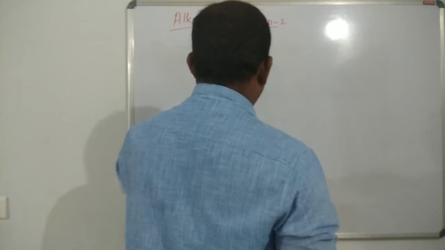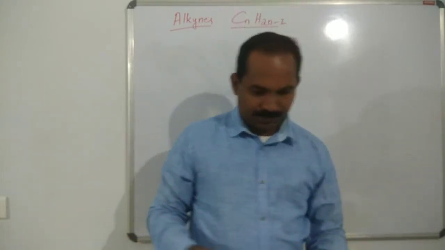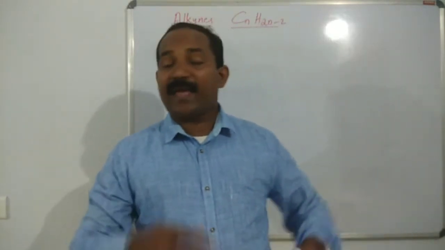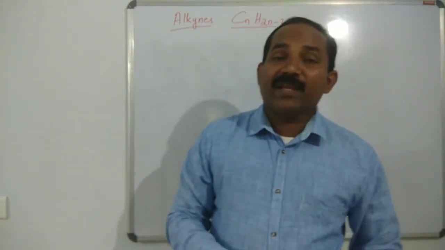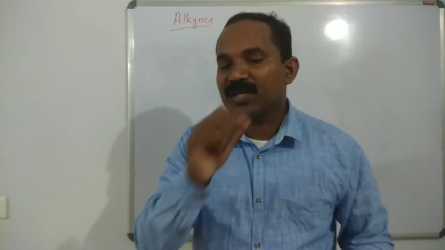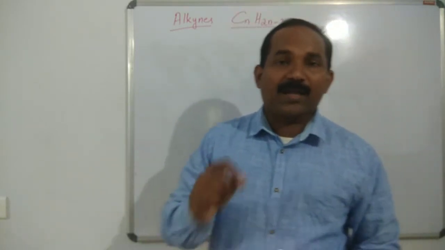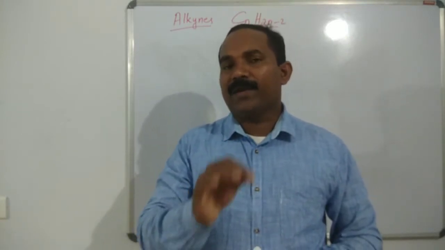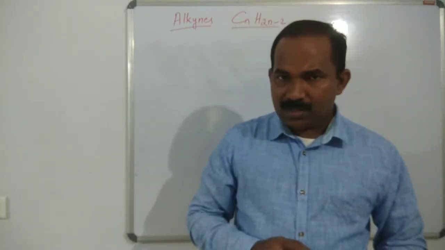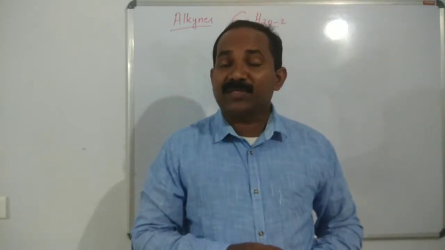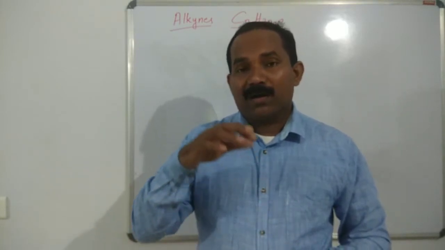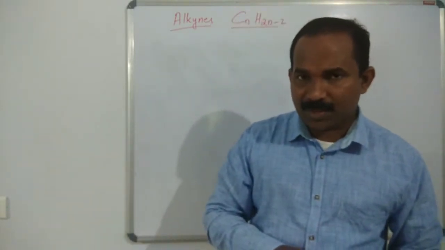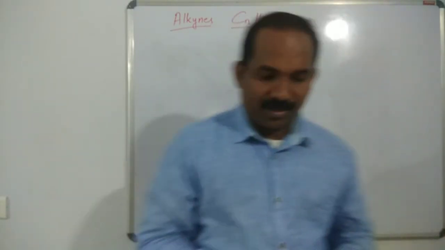Alkynes mainly exhibit chain isomerism as well as position isomerism. And chain isomerism is exhibited from the higher alkynes, not in the lower alkynes. Okay, let's discuss some examples.